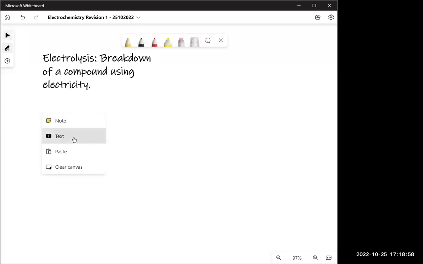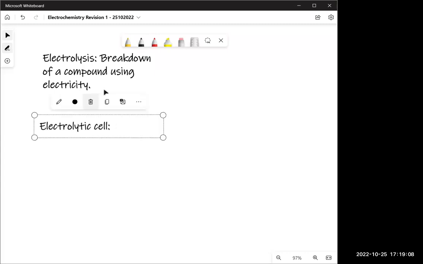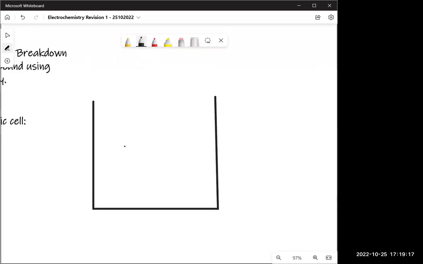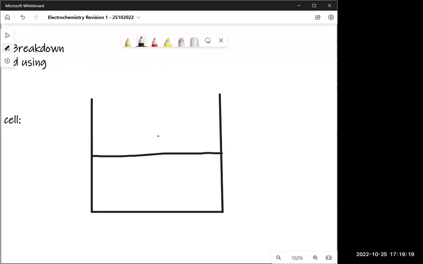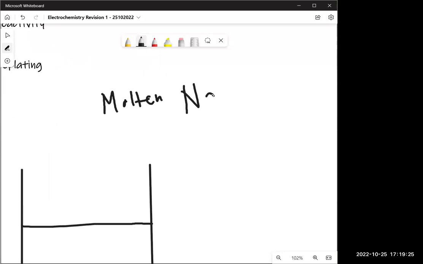Next thing we have is something called an electrolytic cell. What is an electrolytic cell? This is where we do the electrolysis. Let's take molten sodium chloride, molten NaCl.